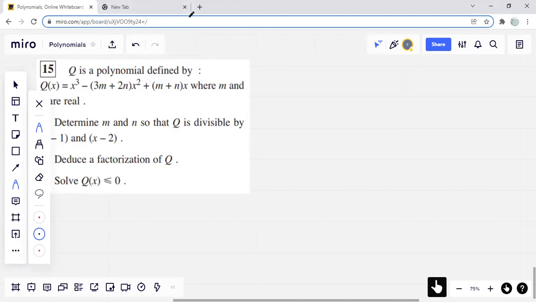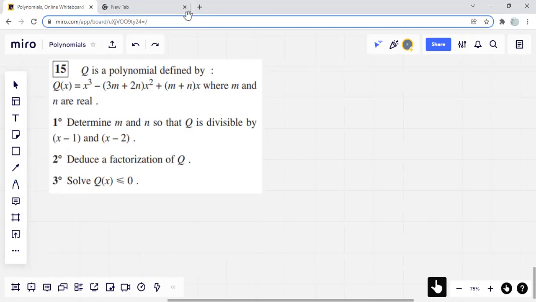Okay, in this here minus 3m plus 2n is the coefficient of x squared, m plus n is the coefficient of x, and we don't have any constant term. Okay, we do not have any term that does not contain x.